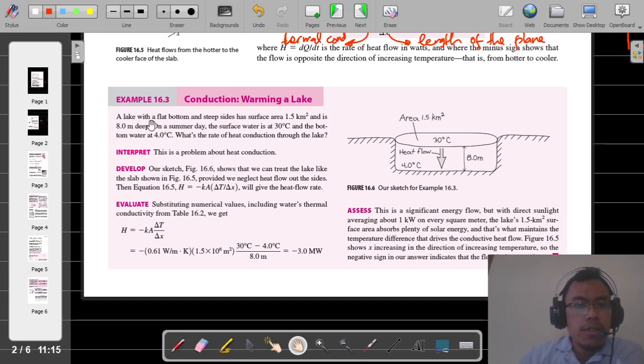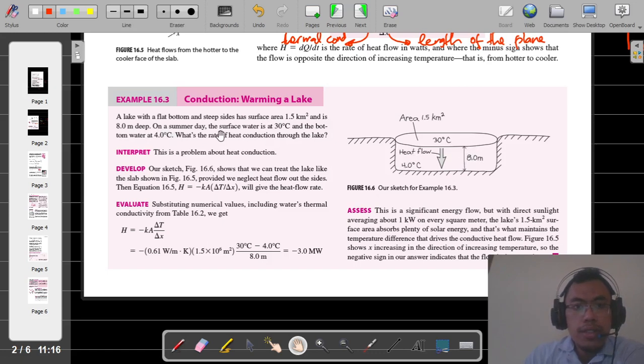So a lake with a flat bottom, and steep sides, so the side is also regular, like a wall here. It has surface area 1.5 kilometer square, so this is the area of the lake, and is 8 meter deep, so the depth of the lake is 8 meter.